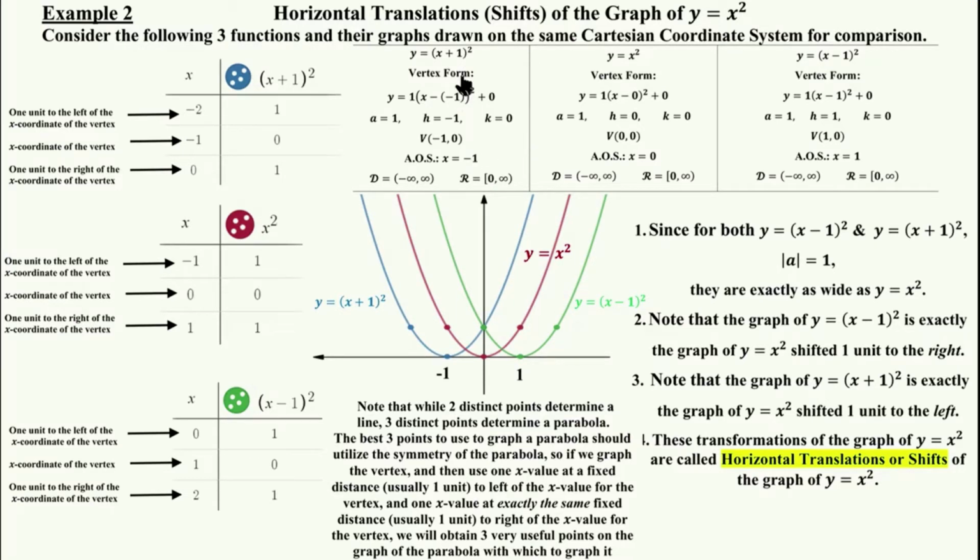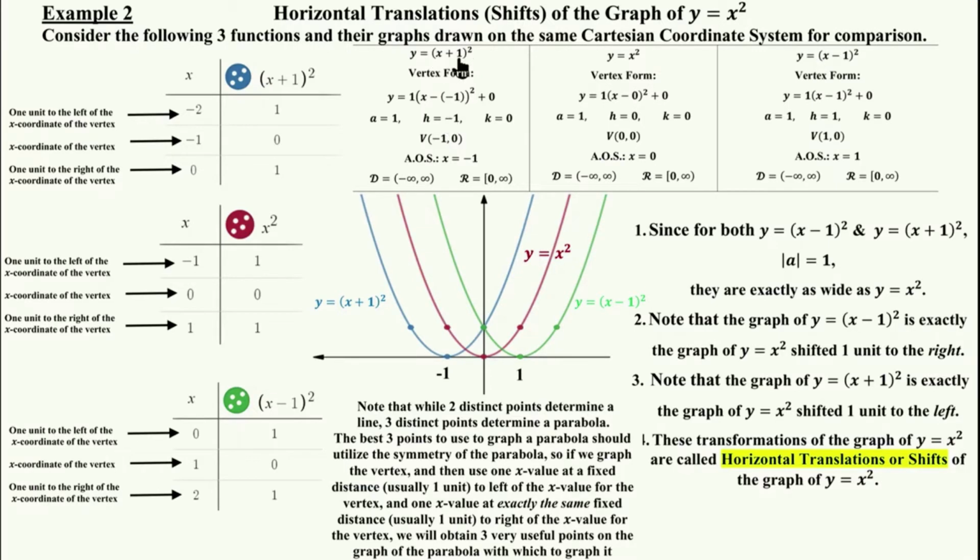But notice that vertex form requires us to write it as f of x equals a times x minus a number. So when you want to write x plus 1 as x minus a number, that number is going to have to be negative 1. That's what makes h equal to negative 1.